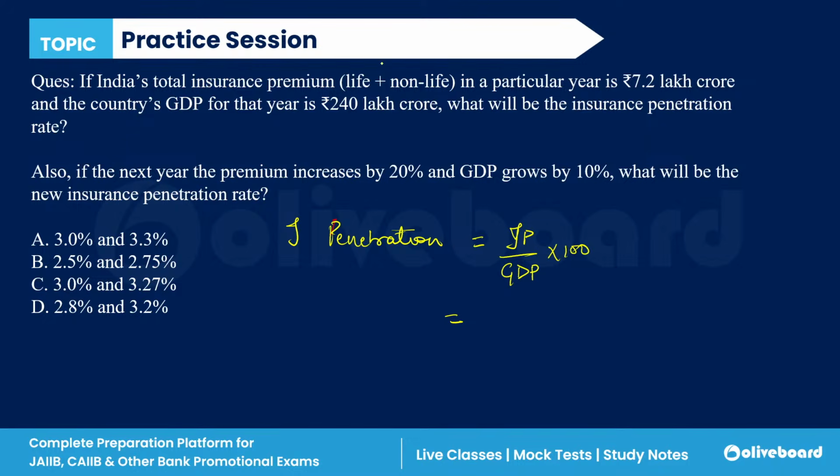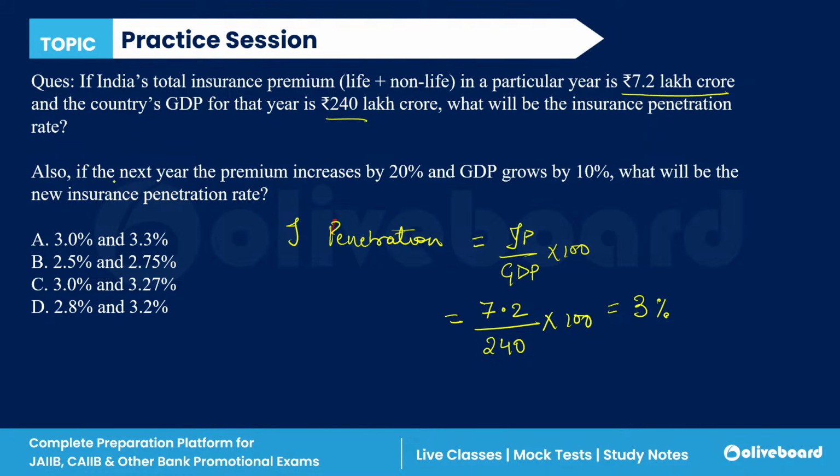In the first year, the insurance premium is 7.2 lakh crore, divided by GDP for that year, 240 lakh crore, into 100. So 7.2 divided by 240 into 100 is 3%. For the first year, it is 3%.